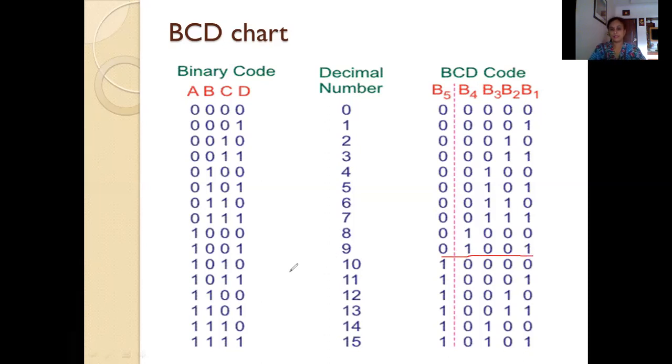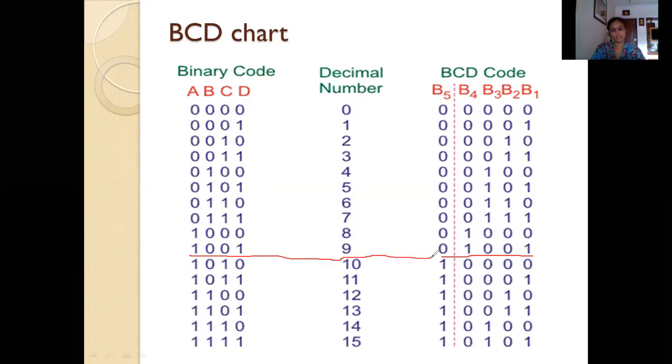After that, on the left hand side, you can see the binary codes also. These binary codes are basically 4-bit codes, so they are the same from 0 to 9, just like BCD. Or rather we can say BCD is just like binary from 0 to 9, but the further codes are different.